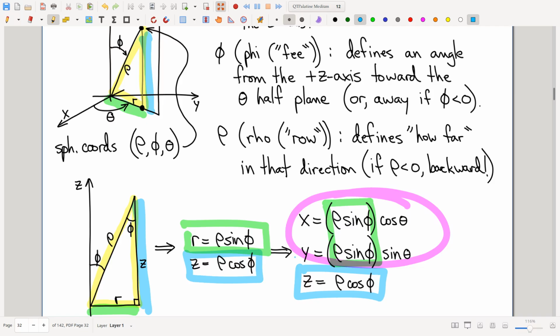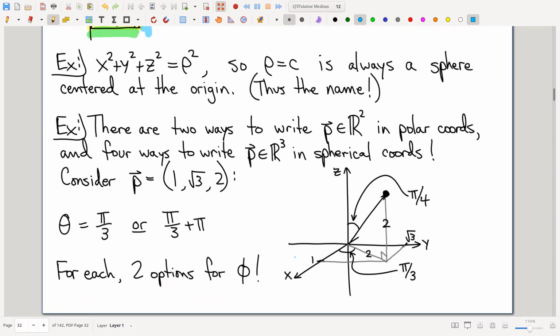Okay. Okie dokie. So let's do a couple of quick examples. I notice that if you have rho set equal to a constant, it's a sphere. Really, the easiest way to see this, I think, is to just remember that rho is, as long as c is positive, the distance from the origin.